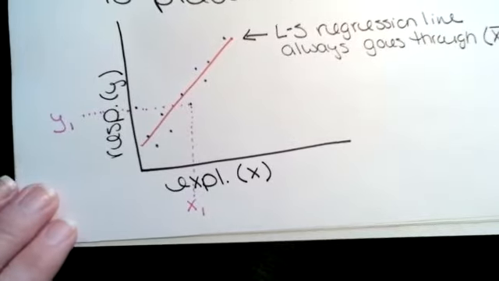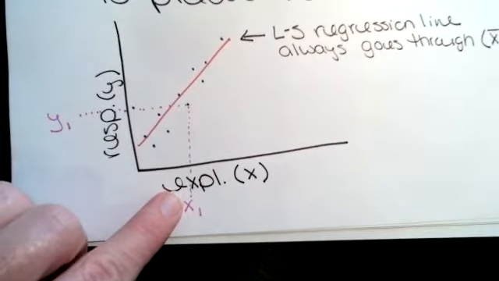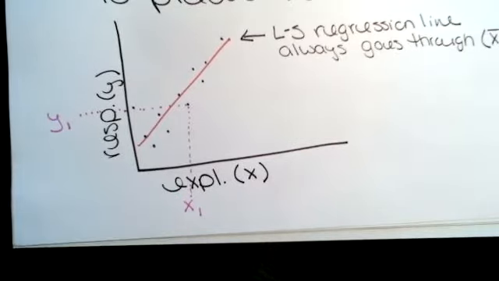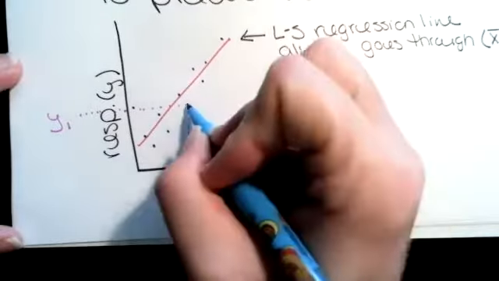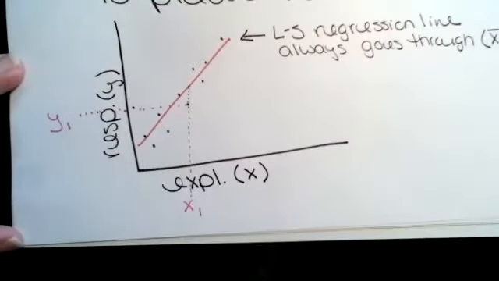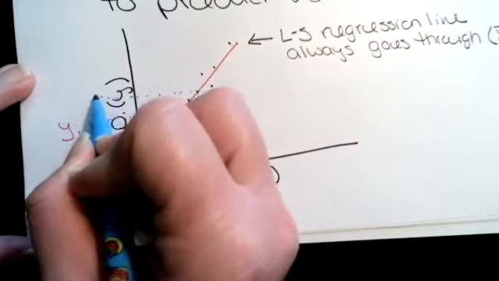Now, what happens if I don't actually have a data value there, but I want to know what y would be if x is this amount? I would take that x value and go up to my line, and I would read my value from my line. Now, it's predicted.